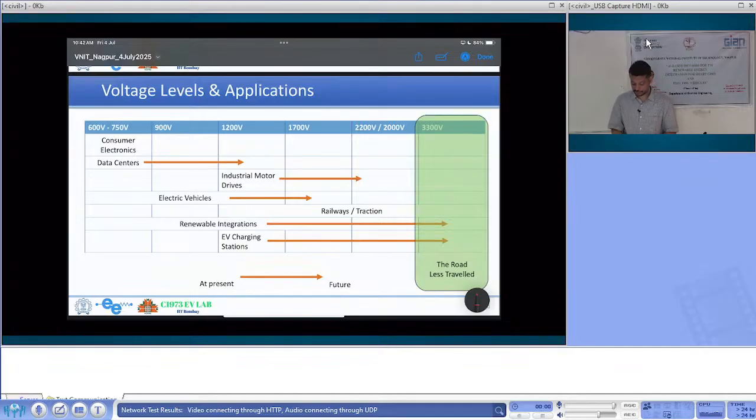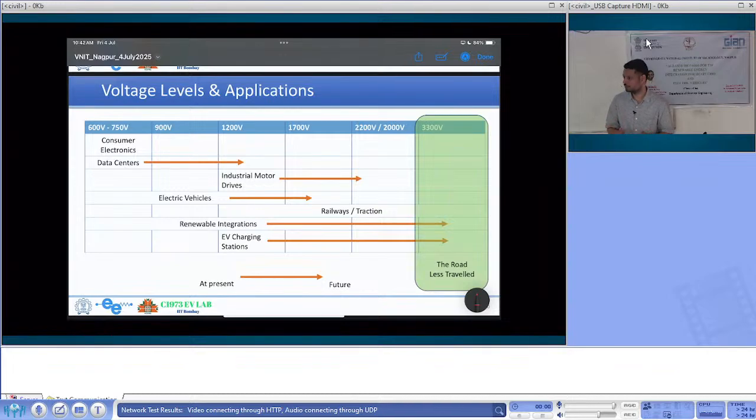Electric vehicles, on the other hand: most of the popular cars, MG, Tata, have a battery bus voltage of 500 volt, but that is increasing now. As of now people use 600 volt, 700 volt, 750 volt devices, but the trend is the voltage going up. Will it go to 3.3 kV on the vehicle?